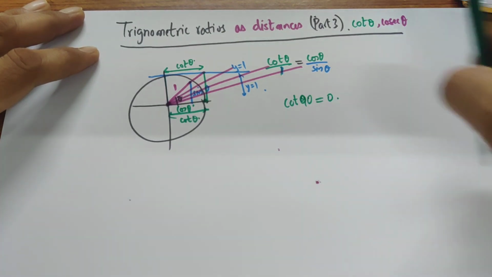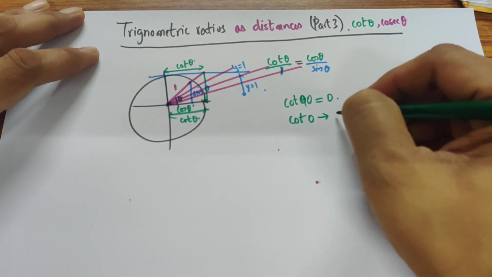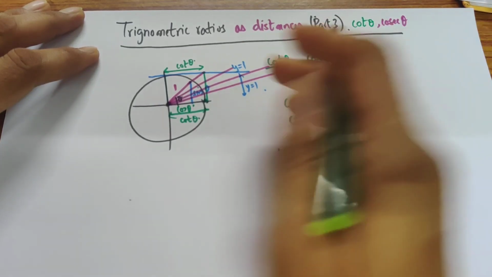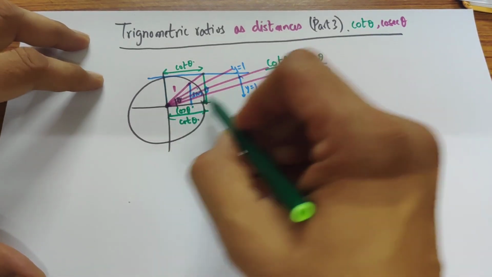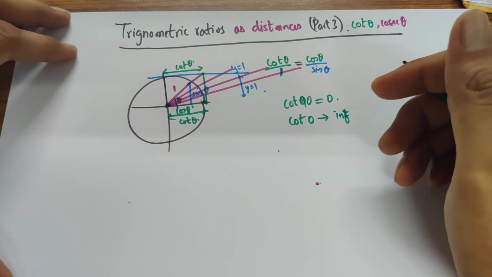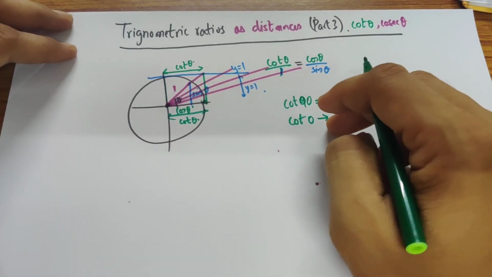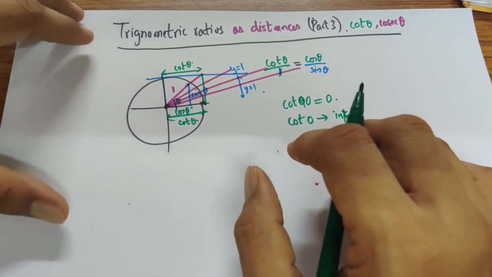So cot of 0 will approach infinity. If it was even a little angle, it will meet at a very large value, and it blows up. Similar to tan, that relationship is similar.